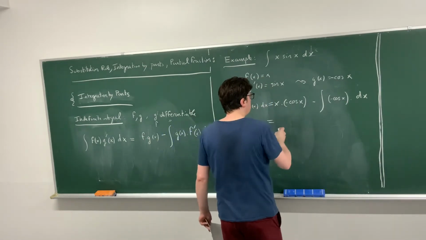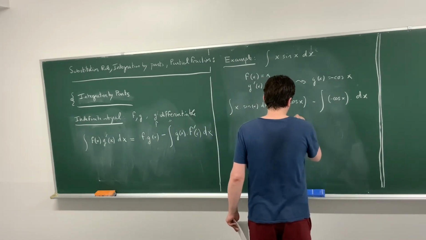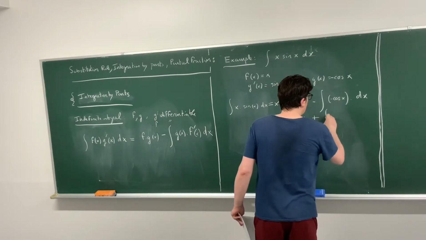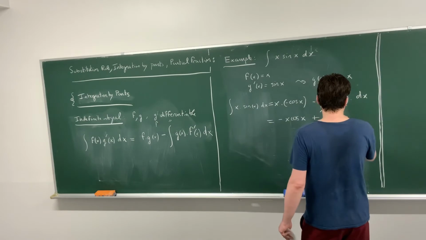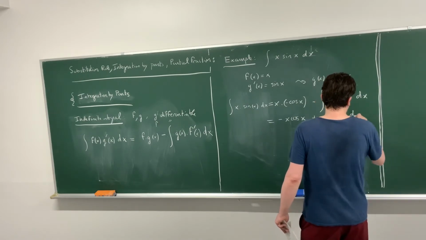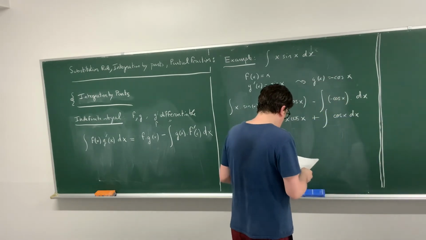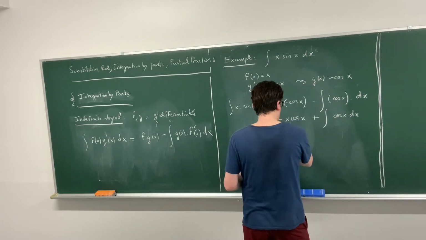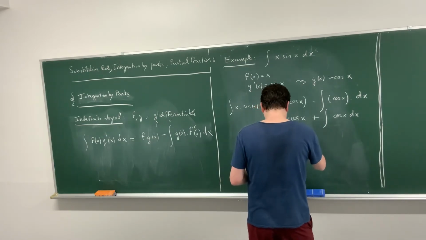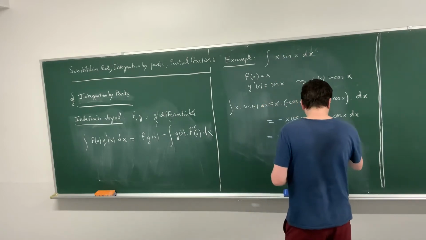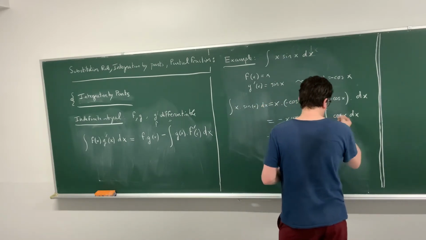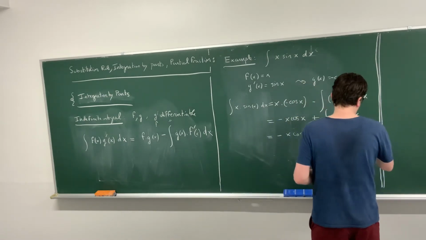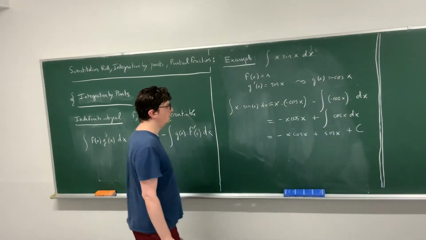So what do we get? We get minus x cos x, and here we get minus minus, plus the antiderivative of cos x dx. And so what do we get finally? We get minus x cos x plus sine x, which is an antiderivative of cos, and here we need to finish by the constant.